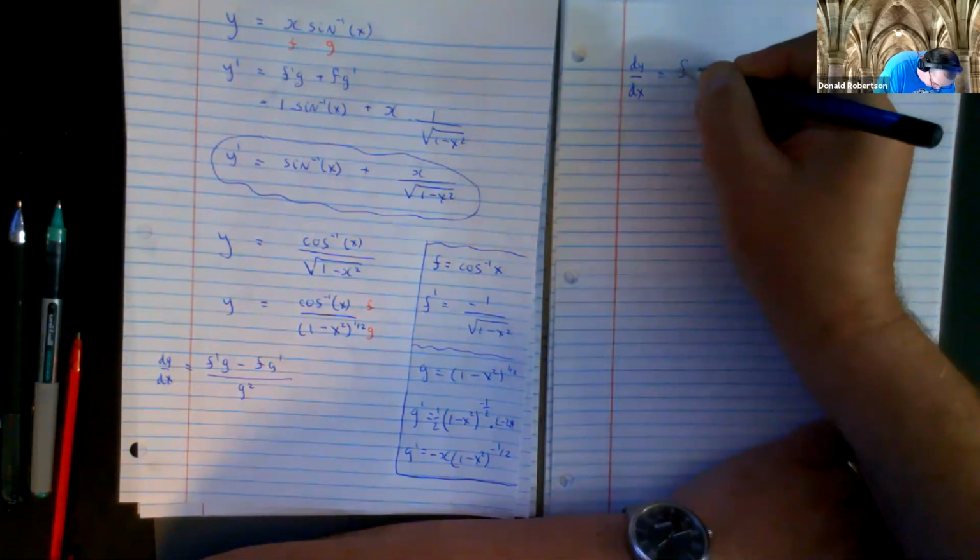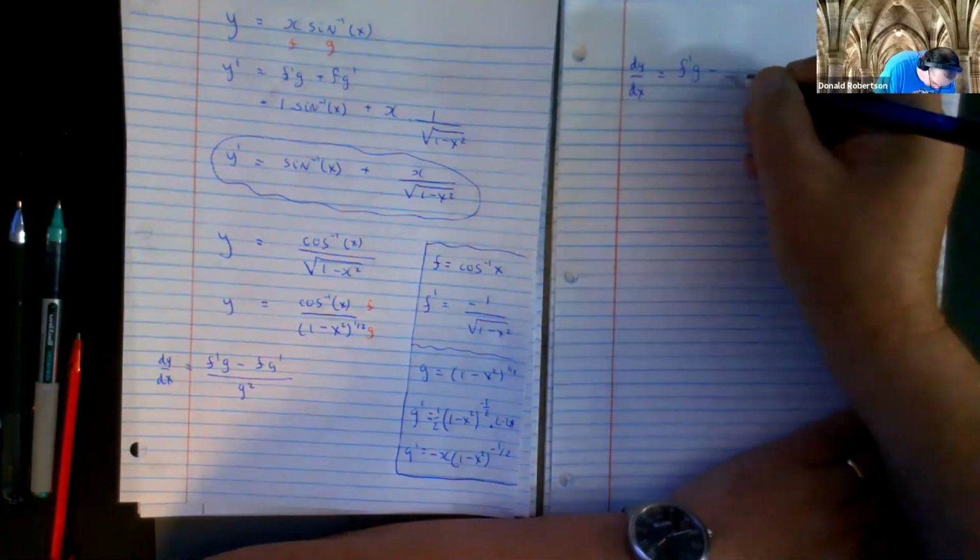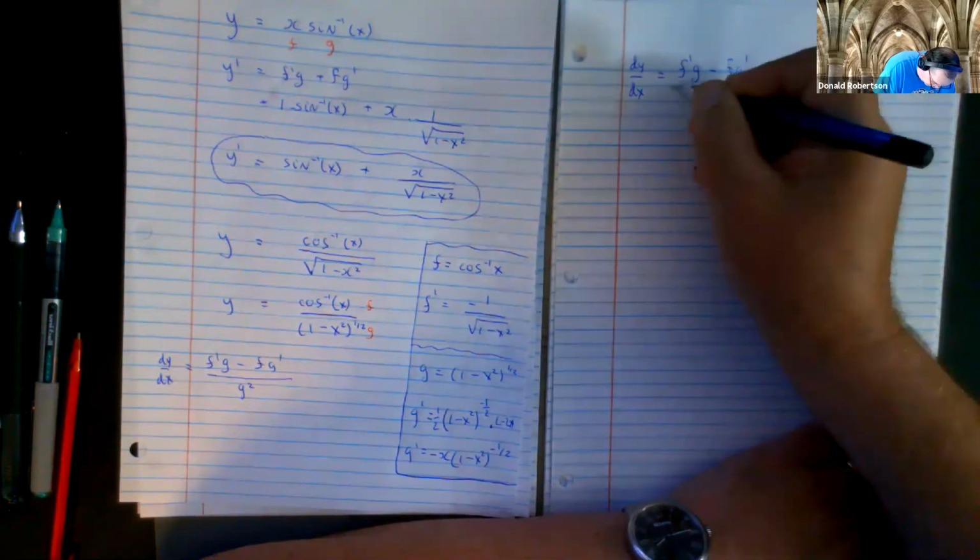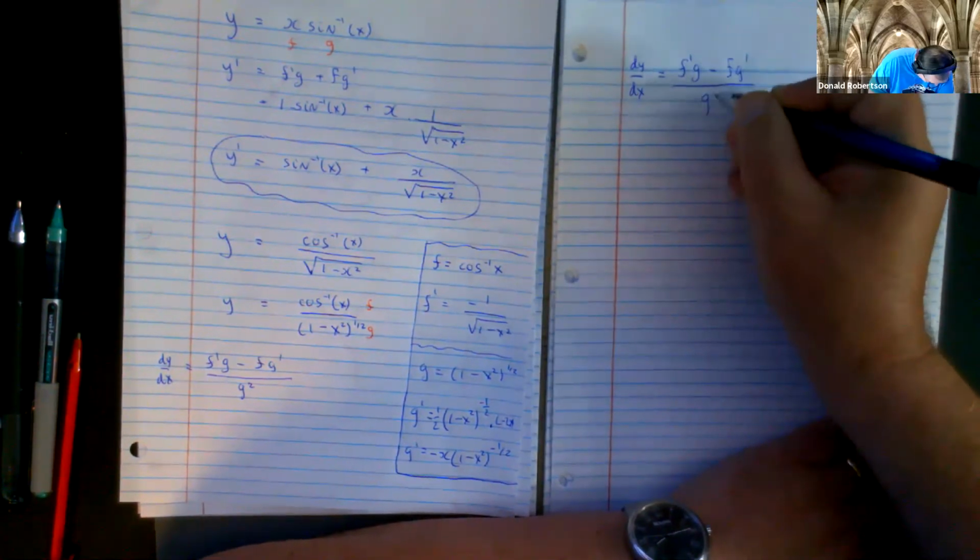So it's f dash g take away f of g dashed all over g squared.